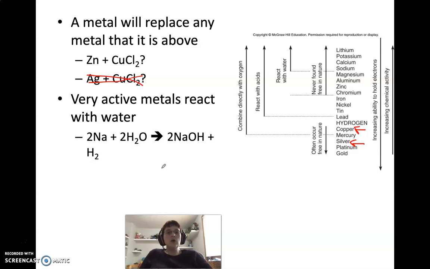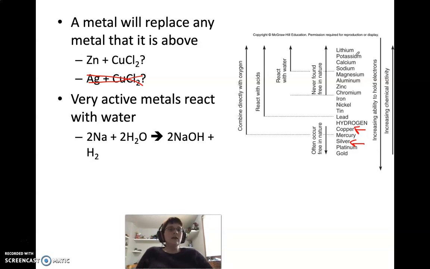Okay, so if you have these highly reactive ones up here, and you can see on the table it actually has them marked, anything sodium and above will actually undergo the reaction. So if you've got sodium, calcium, potassium, lithium, and if you go back to the periodic table, those are the ones that are in the alkali metals.